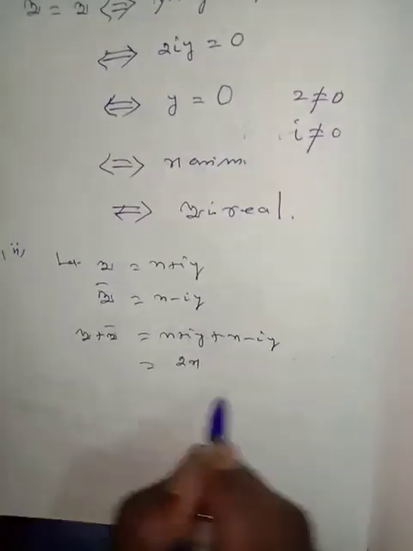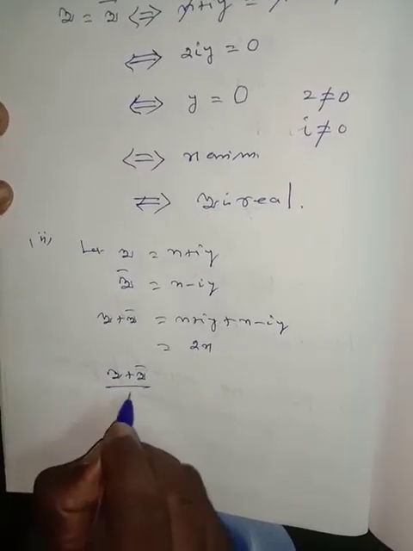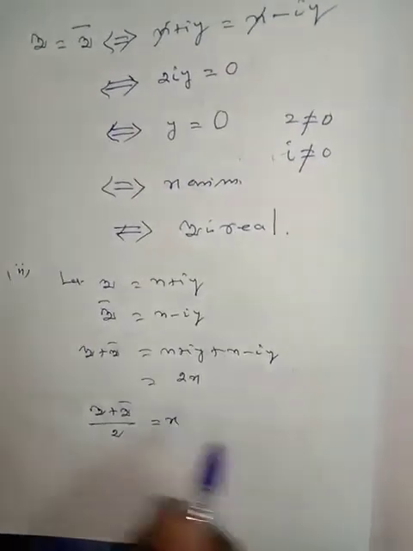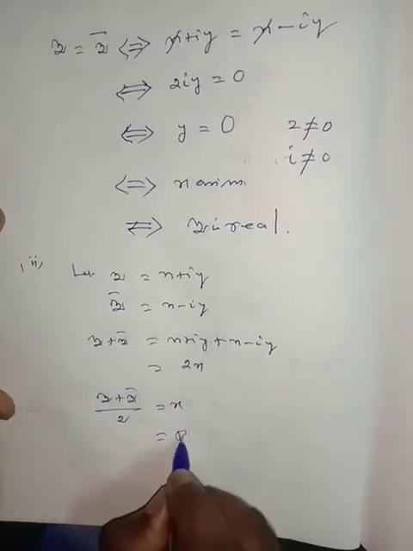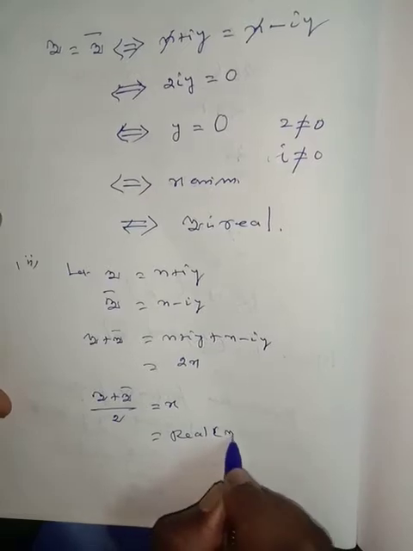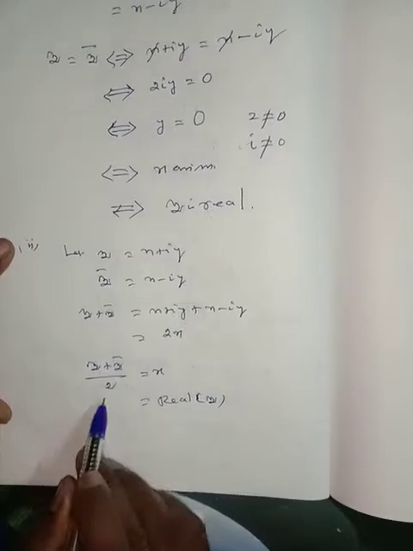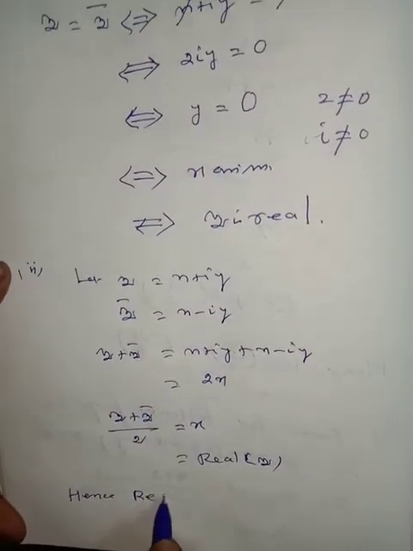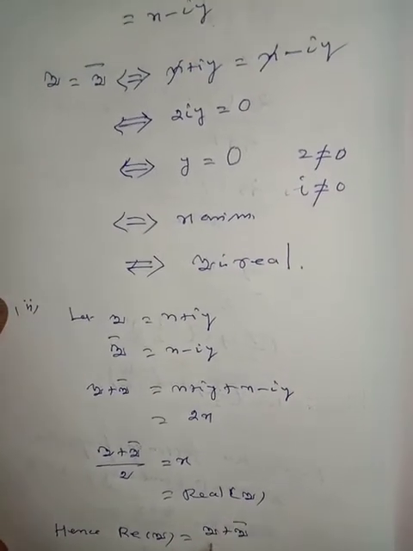Now divide through by 2 on both sides, we get (z plus z bar) divided by 2 is equal to x. x means real part of z. Hence, real part of z is equal to z plus z bar divided by 2.